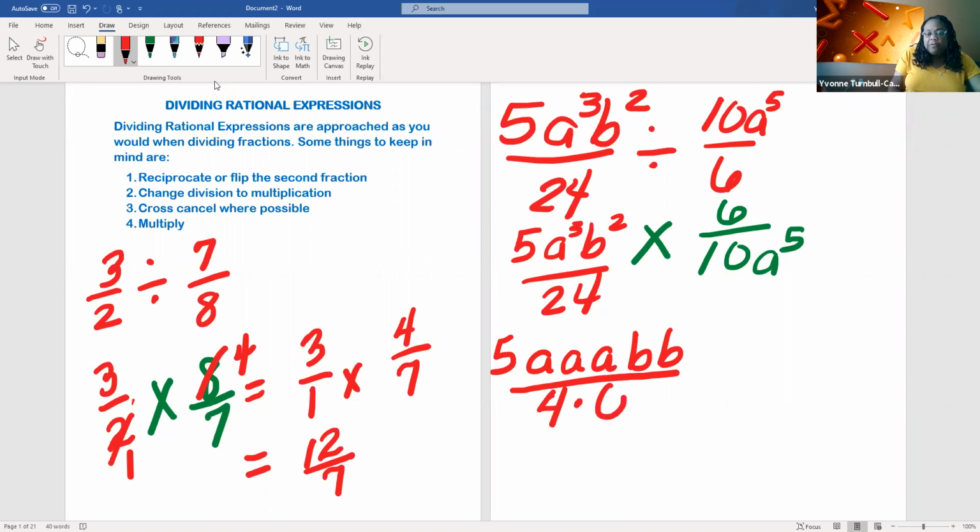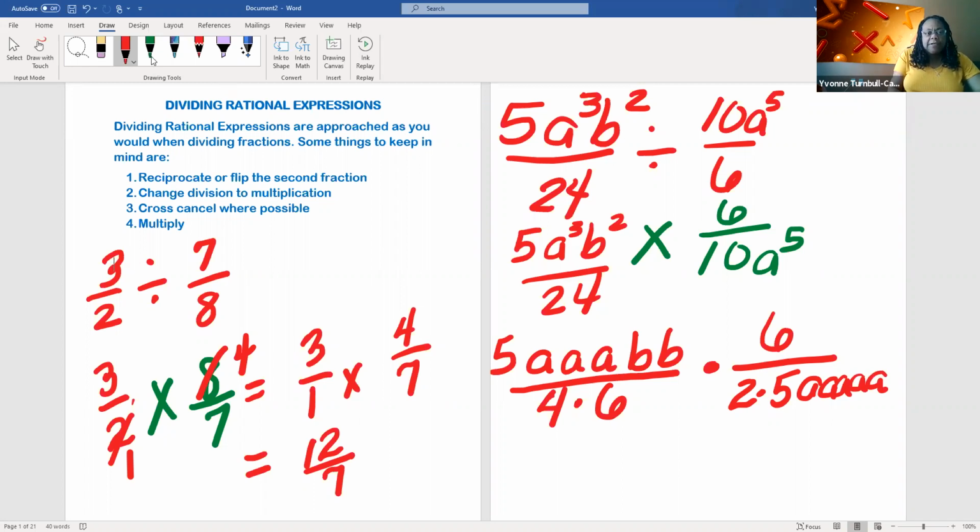The reason why I'm using 4 times 6 is because if I look diagonally, there's a 6 up there that will help me do some canceling. So I'm going to write 6. I'm going to factor 10 into 2 times 5 because I see a 5 over there that I can cancel it. And I don't know if I'm going to be able to get 5 A's here. We'll try. Oh, I did it. Okay, 5 A's, because a to the fifth is 5 A's.